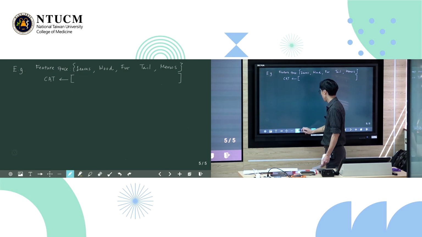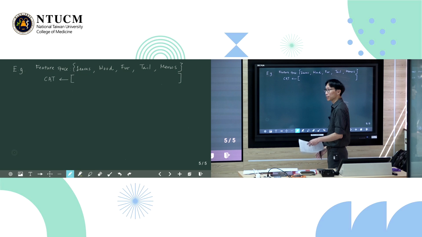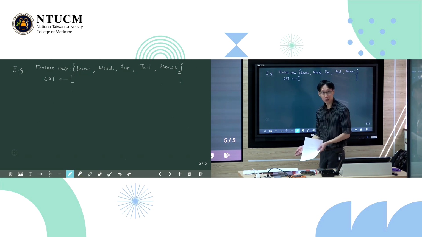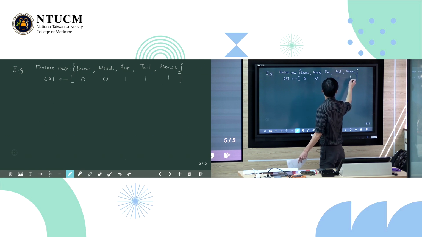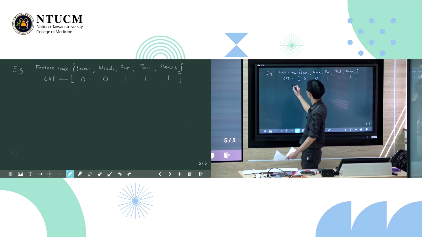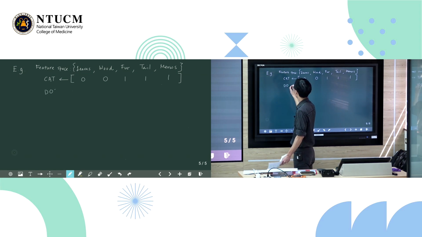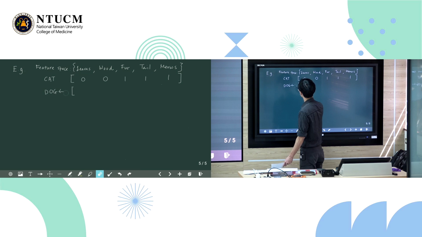Does it have leaves? Is it made of wood? Does it have fur? Does it have a tail? Does it meow? Then a cat in this feature space position is going to be, you can fill it up yourself, I hope. In fact, actually, it shouldn't be an arrow.